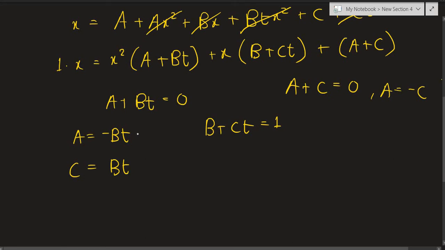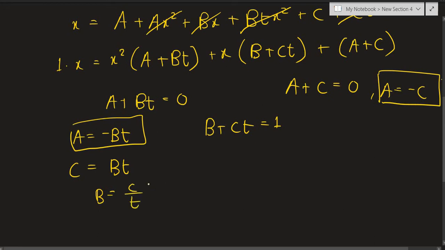After combining this equation with this equation, we get c is equal to bt, and b is nothing but c by t. So we now plug this b value into this equation. So we have c by t plus ct equals 1.